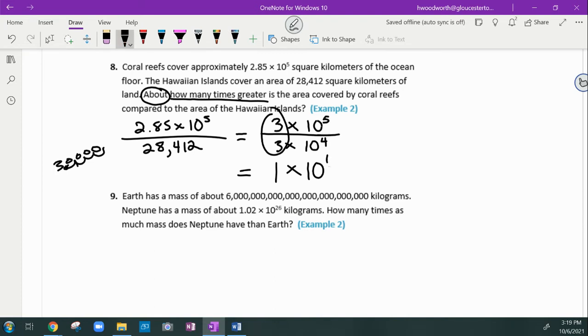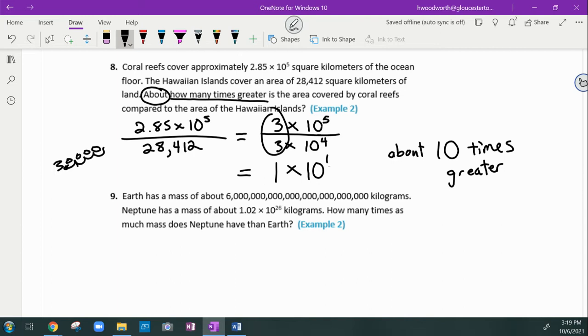So 1 times 10 is 10. So it's about 10 times greater. So the area of the one is about 10 times greater than the other.